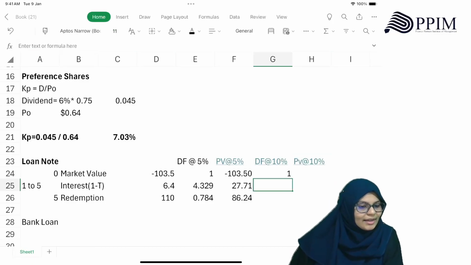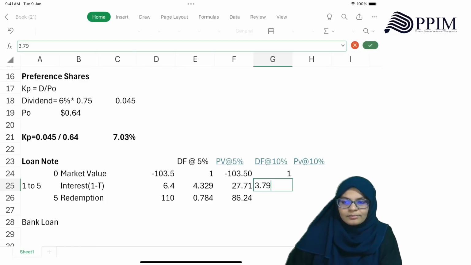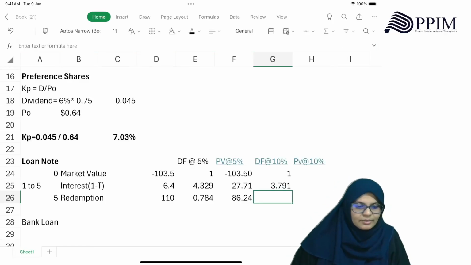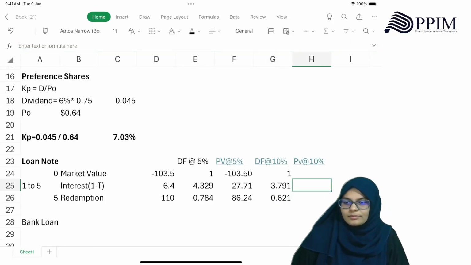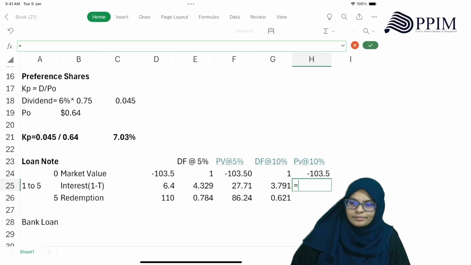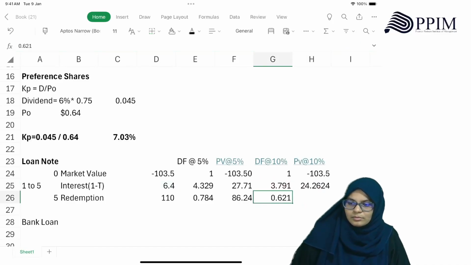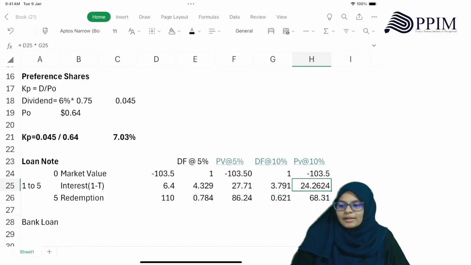And then if you look at annuity factor at 10% for 5 years is 3.791. And the discount factor will be for 5 years 0.621. So multiply the cash flow with the discount factor. And you can take it to 2 decimal places.